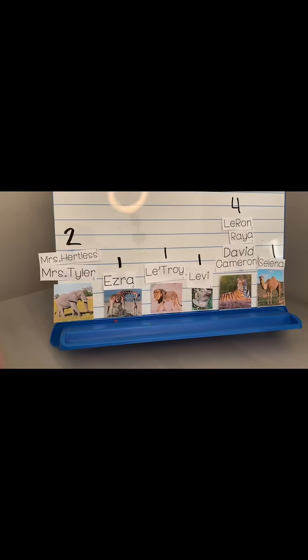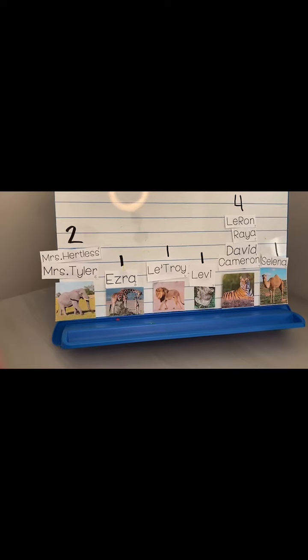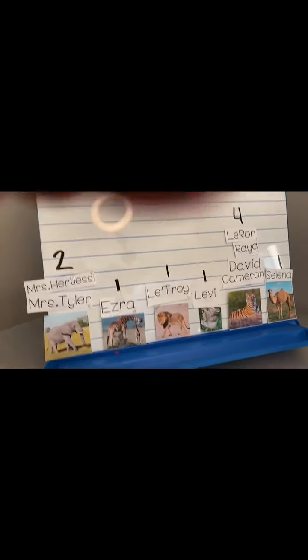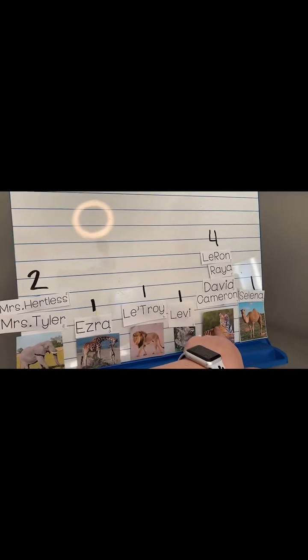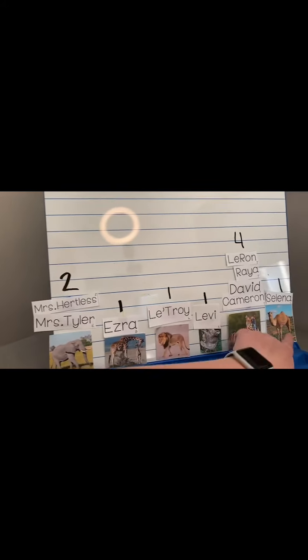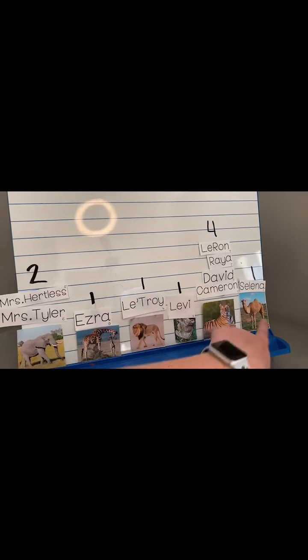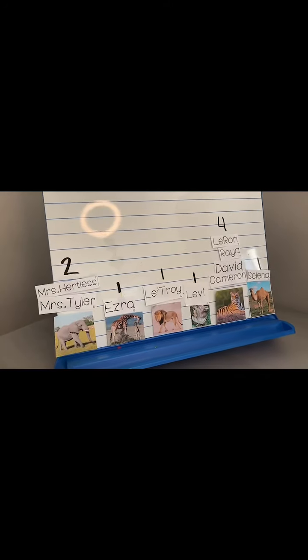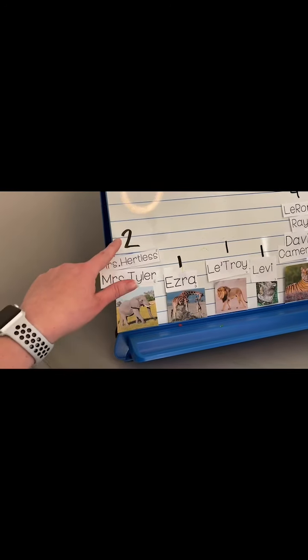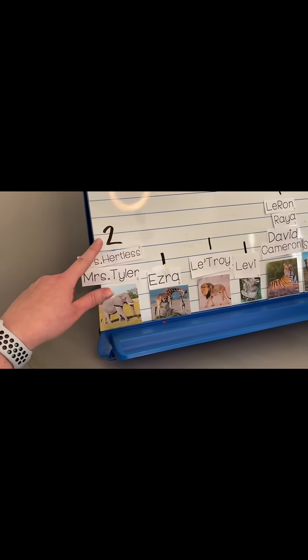Which one was in the middle? Let's look. The tiger was the most. The giraffe, the lion, the sloth, and the camel were the least. They tied for the least. And the elephant was in the middle. He only had 2 friends that liked him.